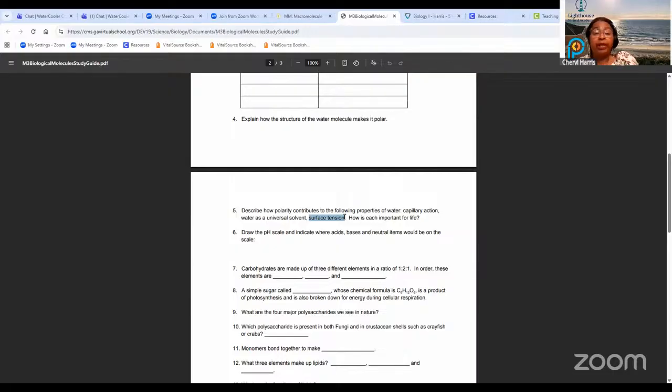Capillary action is where the water has to get from the roots up to the leaves, so it goes through a vascular system inside the plant, kind of like a straw. And you too have veins and arteries that carry water and liquid through the body, so it's able to flow, the capillary action, because the molecules can follow one behind the other.